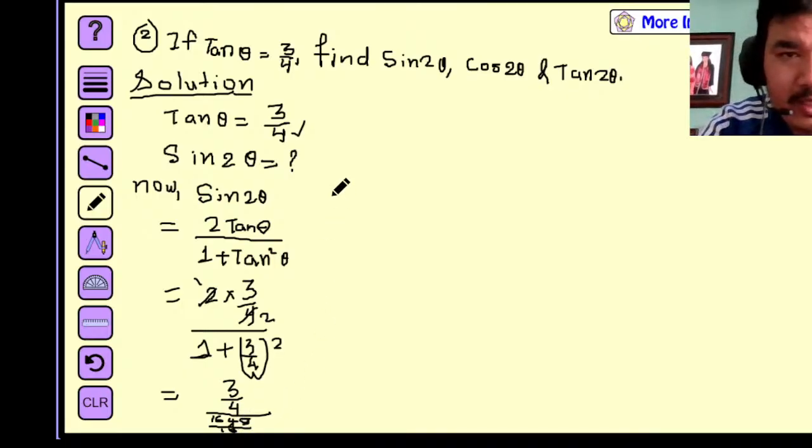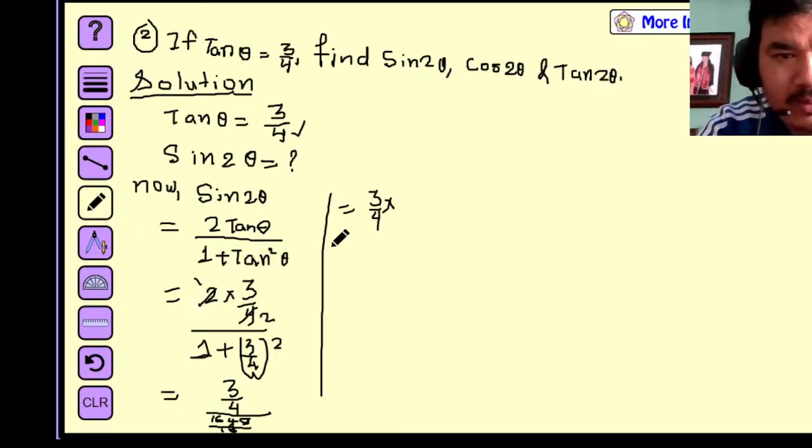Then when we write its reciprocal here, it will come like this. Look here, write it 3 by 4 and multiply by this 16, this 16 goes up. This will be the reciprocal, that's 16 by, and this is coming 16 plus how much? The 9. It will be 25 right here.